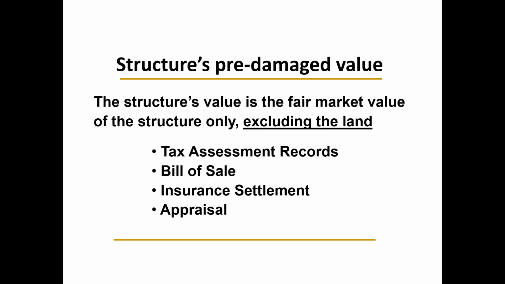A bill of sale, if it's a recent sale, otherwise we'd have to factor in somehow the depreciation. Insurance settlements can be used. Sometimes structures are underinsured and have a high deductible, and maybe depreciation would play into that, so that might not be the best source.